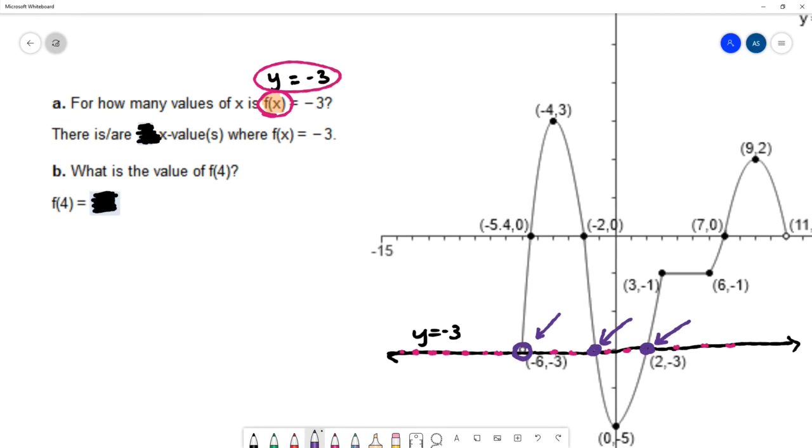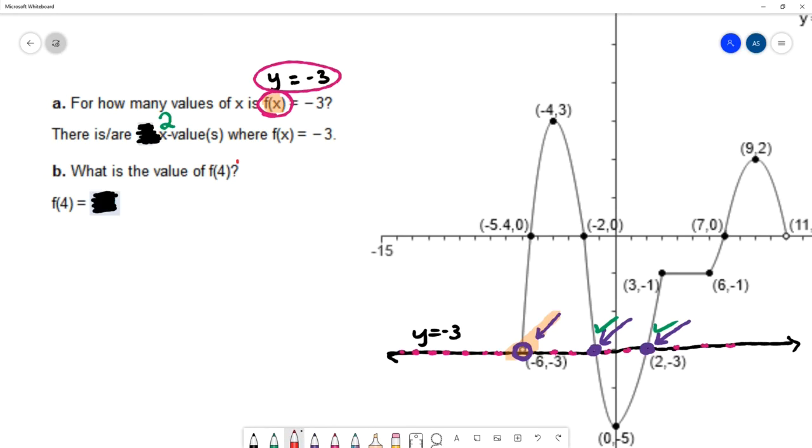That open circle means that it is not part of the graph. So this one is a no, but these two are yeses. So we have two values of x where f of x is equal to negative 3.